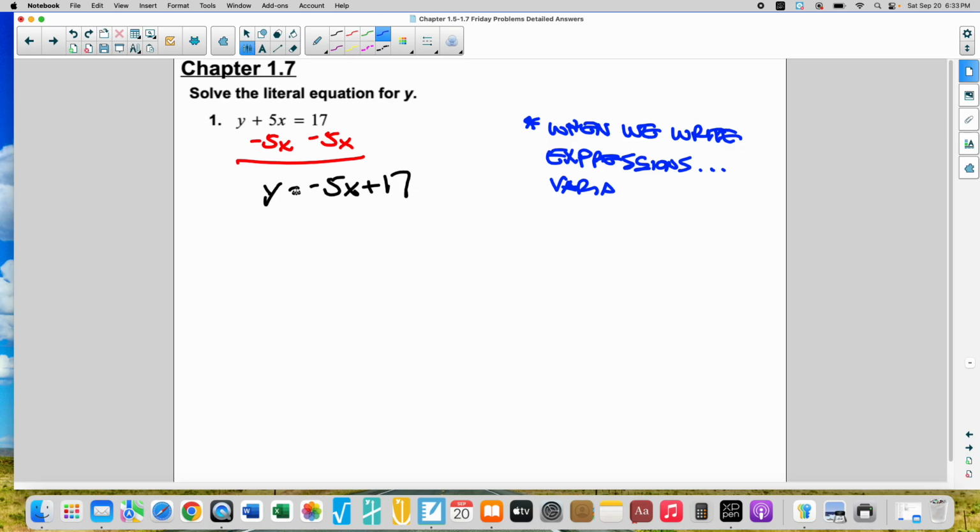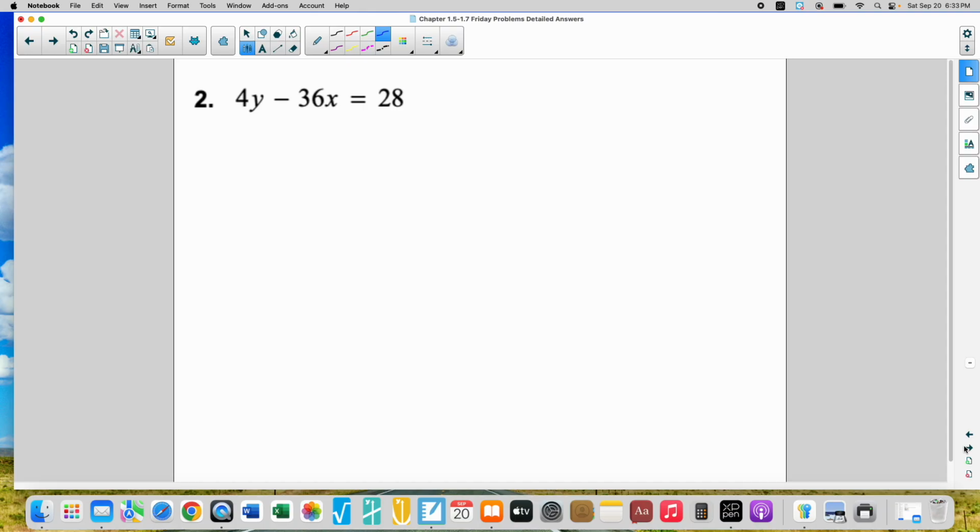An equation is two expressions equaling each other, I think is the definition. When we write expressions, variables come before constants. So we're going to write our variable before our constant in that right side of the equation.